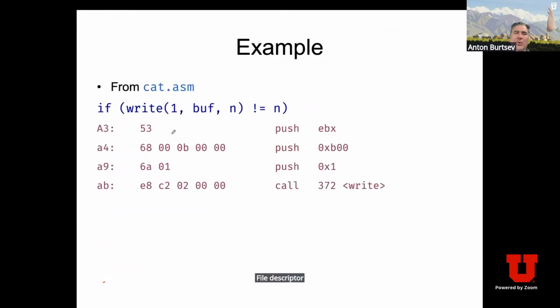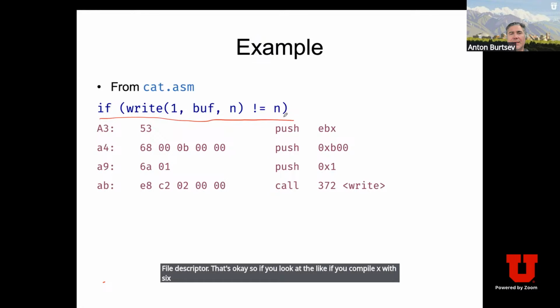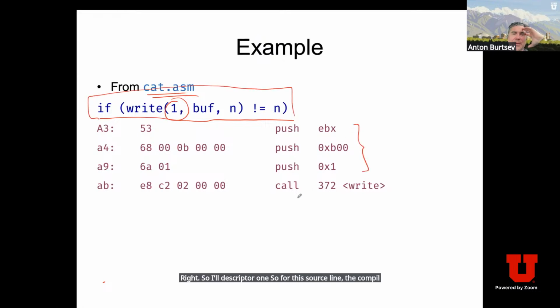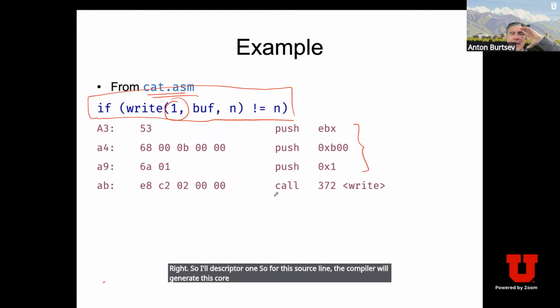If you compile xv6 and look at how a function is invoked, take an example from cat.c, the program which implements the cat logic. It writes into the standard output, so file descriptor 1. For this source line, the compiler will generate this call site invocation. It says, okay, I will end up invoking a write function.